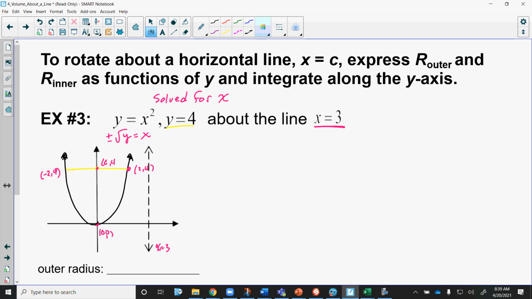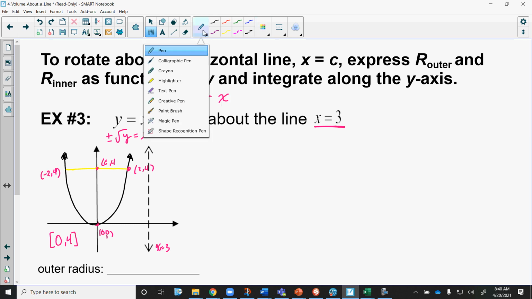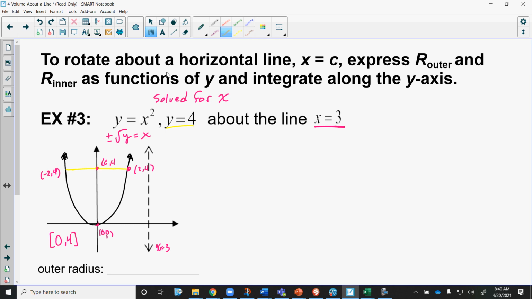Now, because we're going to be rotating this one vertically, or around a vertical axis, I should say, this one is going to have an interval on the y-axis, so the interval in this case will be from 0 to 4 on the y-axis. The figure that we're going to be rotating, the shaded bit that we are going to be taking a look at, is really just this whole shape.